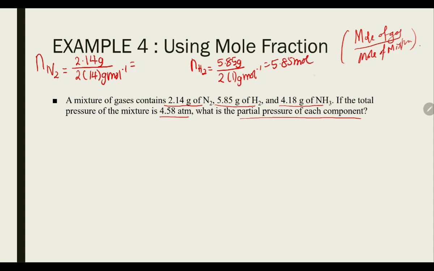And for ammonia, 4.18 gram divided by nitrogen, which is 14 gram per mole, plus 1 for each hydrogen. Try to press your calculator for all.